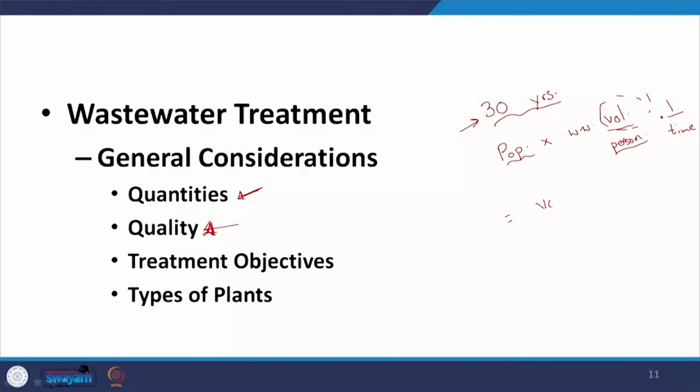And then again, depending on class, you are going to have different levels of water usage. So, the wastewater generation is going to be dependent upon the population, the kind of population, and the population size too. We will look at why soon, I guess.